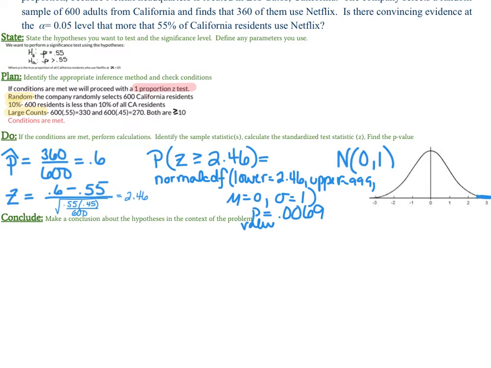So now I'm ready to state my conclusion. And in my conclusion, I'm going to make sure that I always compare my p-value to my alpha level. So because the p-value of 0.0069 is less than the alpha level of 0.05, we reject the null.